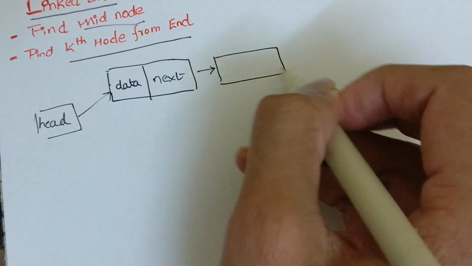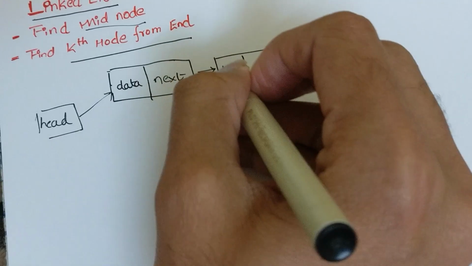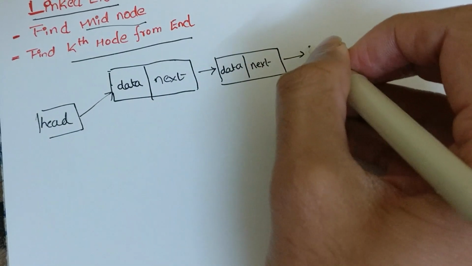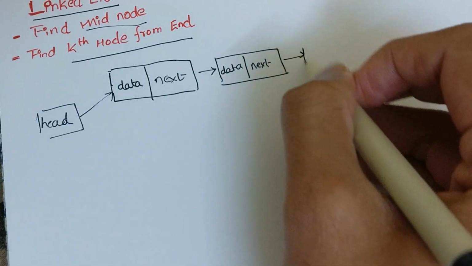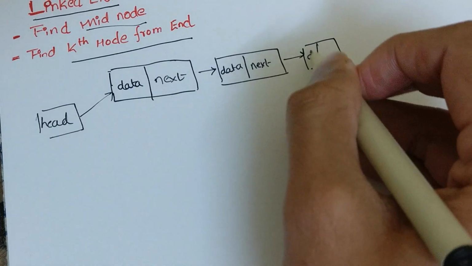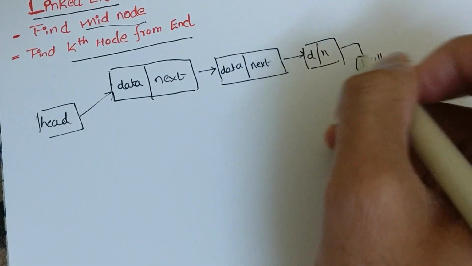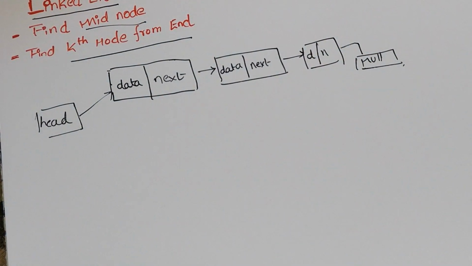Here again this will contain data along with the next pointer, and the last node will be pointing to null. So this is how you have a linked list, right?